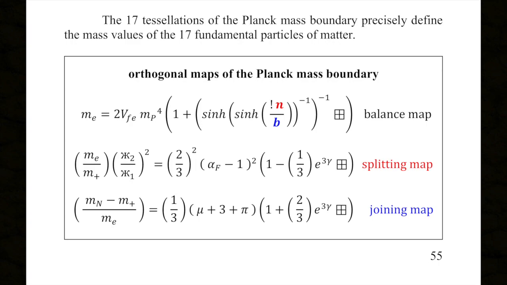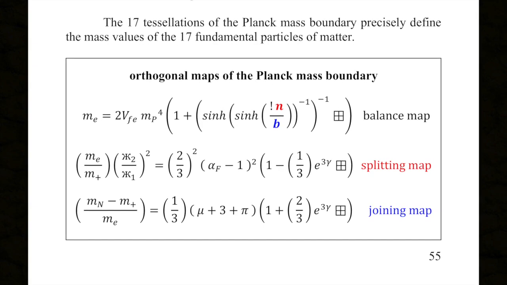And orthogonally, we have the square splittings come together to form the mass expression we call the mass of the neutron. All three of these are tied together in the minimum possible balanced expression of the one boundary, the one geometric balanced action that we're labeling as the dimension limit of mass itself.